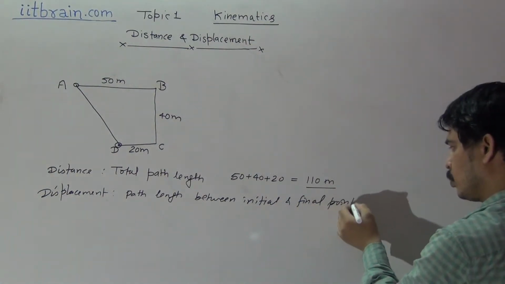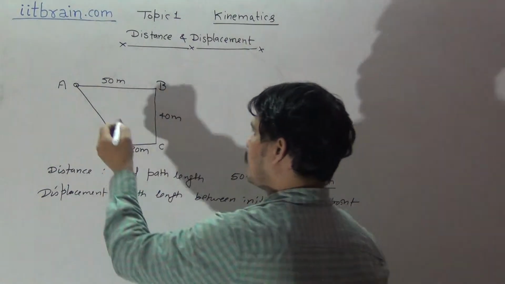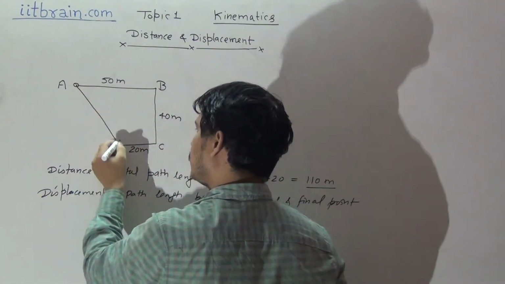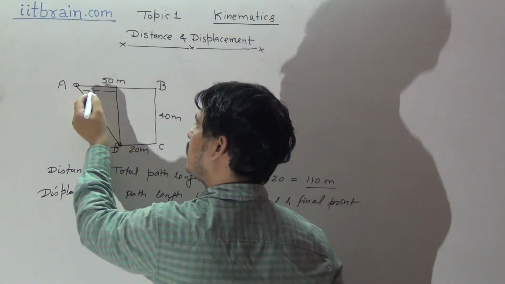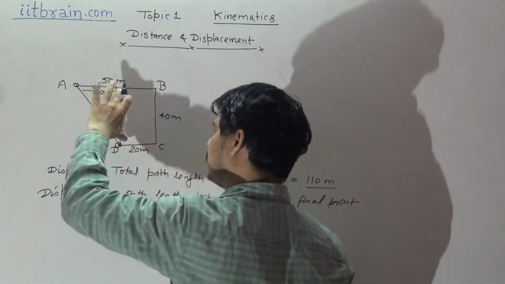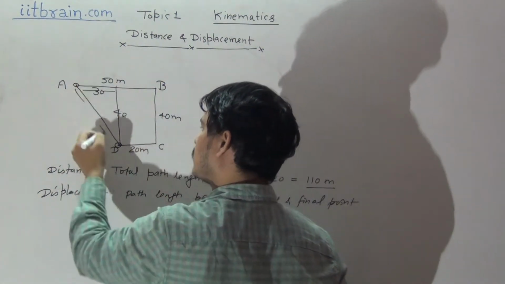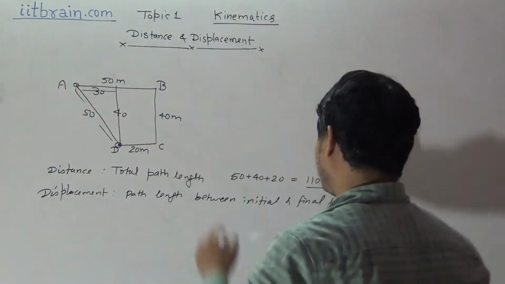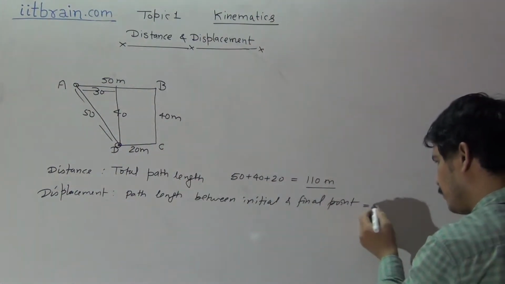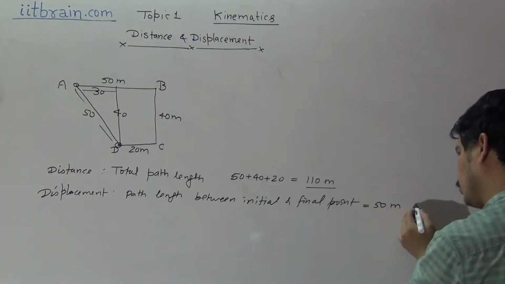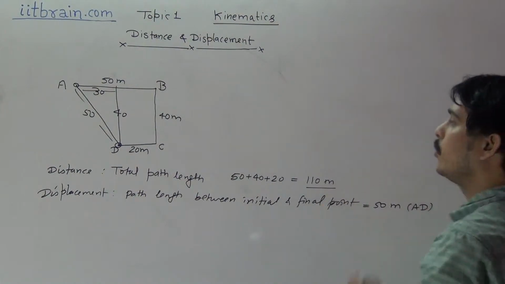By this diagram we can see that this is 50, this part is 20, so this will be 30. It is 50 minus 20, and this vertical is 40, so by Pythagoras this will be 50. So the displacement of this diagram will be 50 meter from point A to D, but distance is equal to 110 meter.